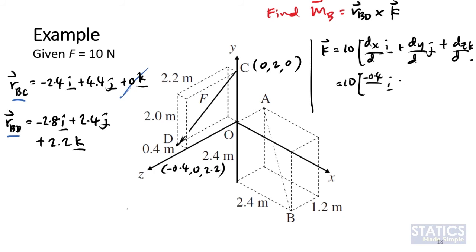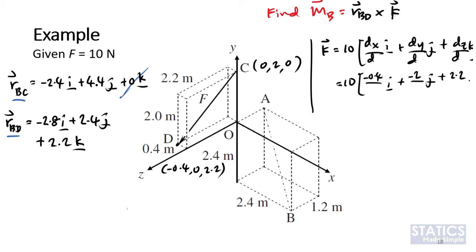We will calculate d later on. dy, from 2 to 0, is minus 2. dz, from 0 to 2.2, is 2.2.